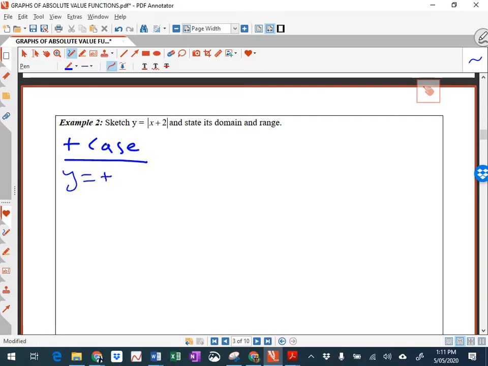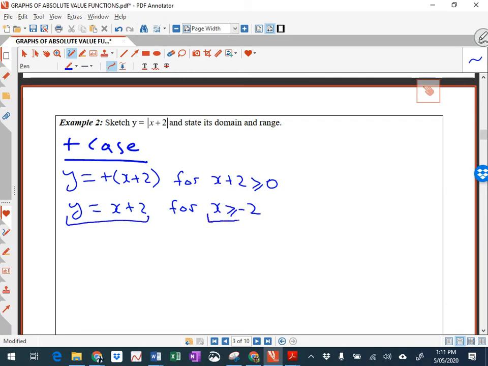So you're going to have positive, take away the absolute value. Now that's for x plus 2 bigger than or equal to 0. Now, that gives me y equals x plus 2 for x bigger than or equal to minus 2. So I'm going to draw this line for x values bigger than or equal to negative 2.